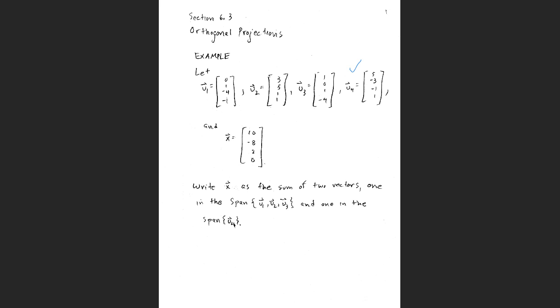And we have a vector x in R4, and we want to write the vector x as the sum of 2 vectors. One vector that's in the span of U1, U2, and U3, the first 3 vectors, and one that's in the span of U4. So we're decomposing the vector x into the sum of two vectors.